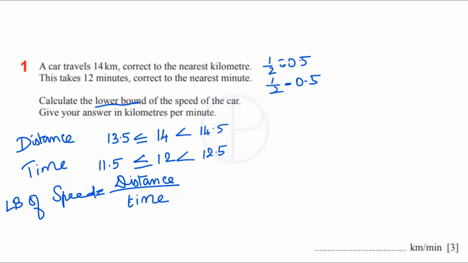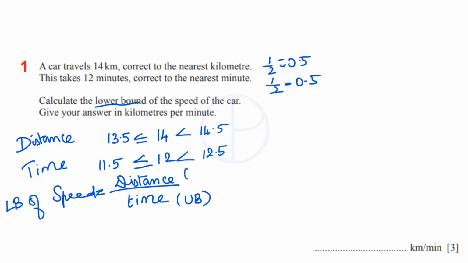To calculate lower bound of speed, we need to take higher value in the denominator for time. That is, here we need to take upper bound. And when a speed is low, distance also has to be low.